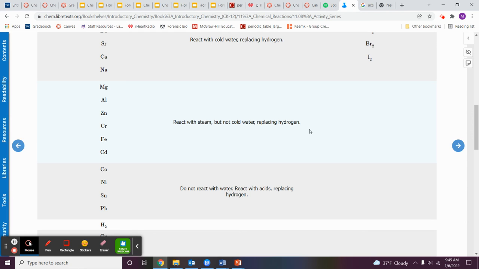So, is this balanced? It's not balanced because I have 2 H's on the left-hand side, but I have 3 on the right-hand side. Okay, so what do you want to do?